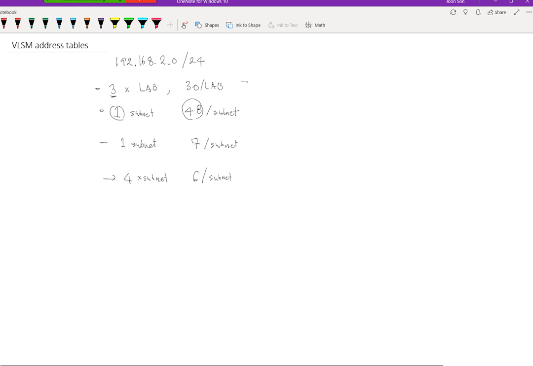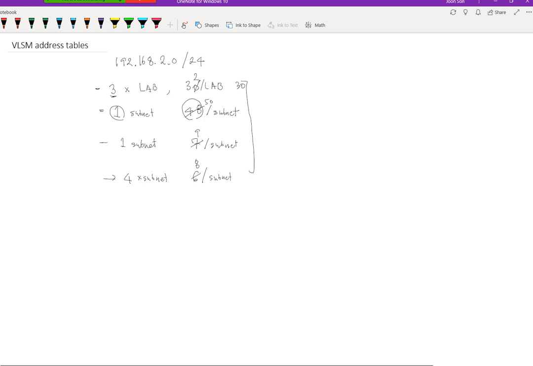So first of all, I have to change this number because it's not 30. Plus 2 means 32. And this means I need 50, and then 9, and this one I need 8 IP spaces. Let me just write this down.